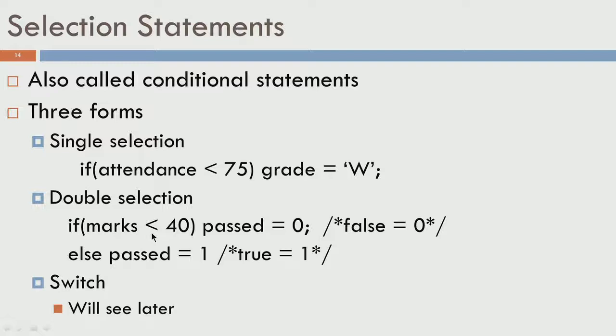If marks is less than 40, passed equals 0 will be executed, otherwise passed equals 1. There is a semicolon missing here that has to be included. Otherwise it can be a switch statement, where it is multiple selection. So you have single selection, double selection, or multiple selection. We will first see single and double selection in gory detail before we go into the switch.